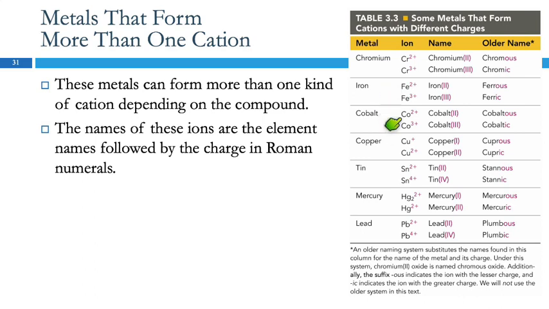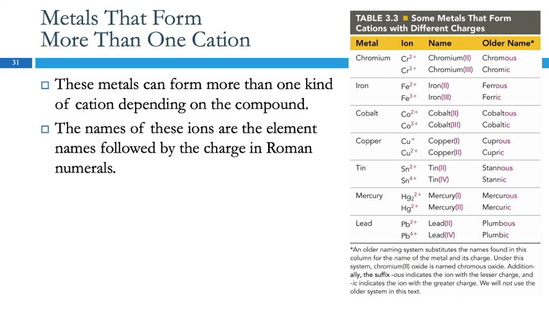There's a bunch of them here, +2 or +3. Copper, +1 or +2. Tin is 2 and 4. Mercury's weird. They're both +2, but this one is Hg2, two atoms of mercury together with a +2 charge. I'd like to be able to just ignore him as well. Lead, 2 and 4.